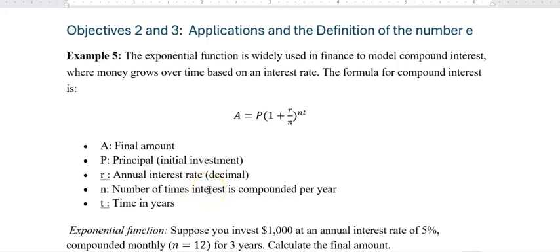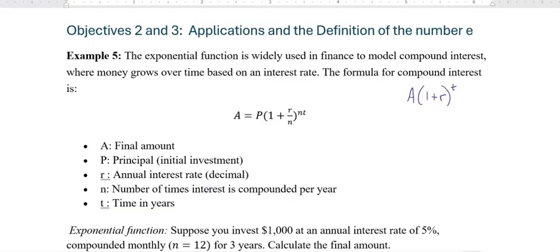I had a money application to start with. We had an initial amount of 10,000, and then I said 1 plus the rate if it was just once a year. In my initial video, that was 5%, and then raised to the t. We can apply this to a more realistic situation where you get interest. Usually interest is paid at the end of every month.